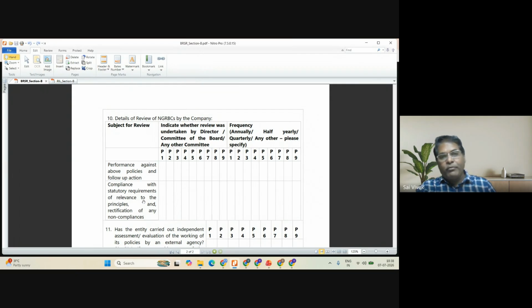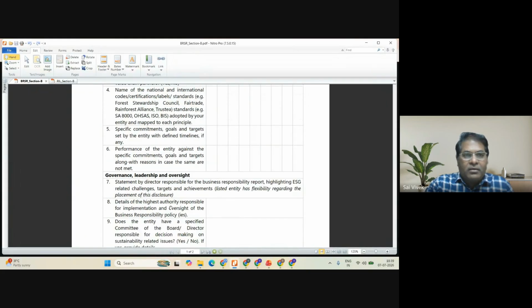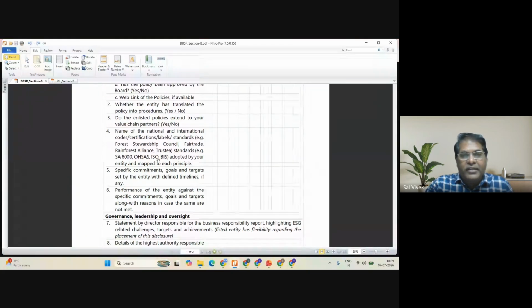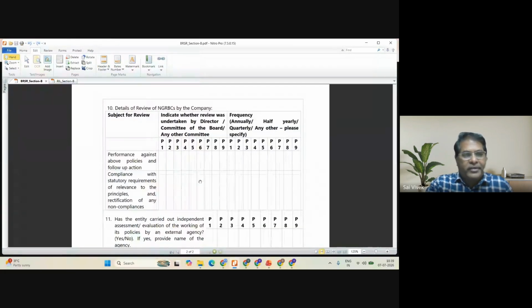And in 10B, we'll see compliance with the statutory requirements of relevance to the principles and rectification of any non-compliances. We have seen earlier that there are some standards in serial number 4. We have seen anti-corruption and several ISO standards. As per principle, we have got standards.